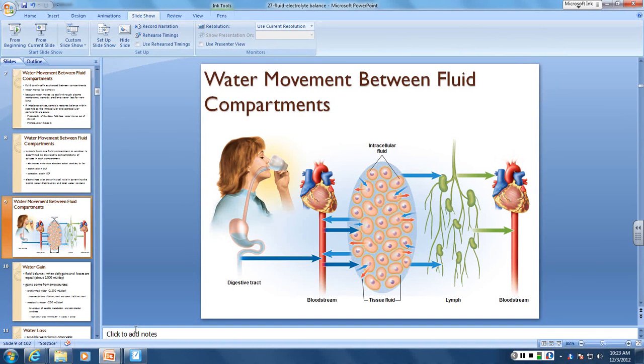Blood osmolarity is doing what? If you're bringing in so much water, that's diluting blood, right? So the osmolarity of blood is going down. And now where does that water go? To the tissues.